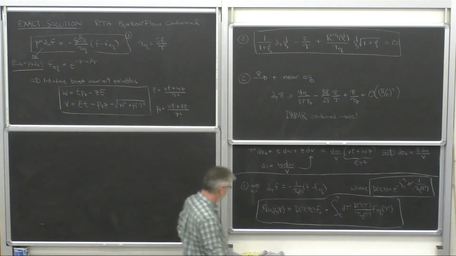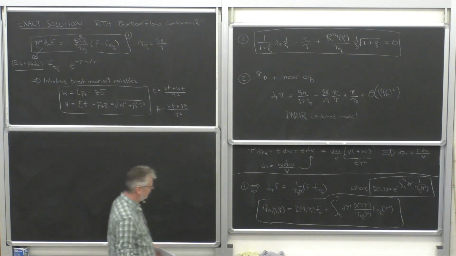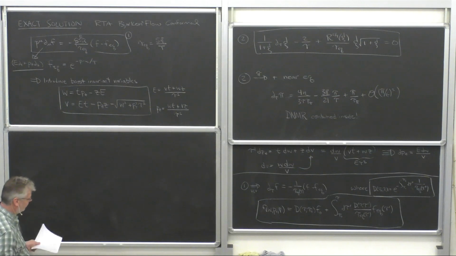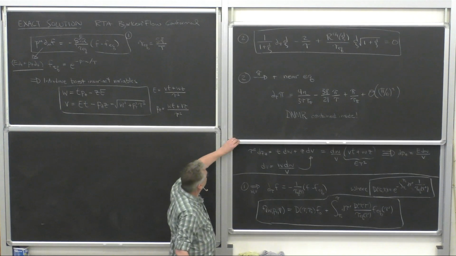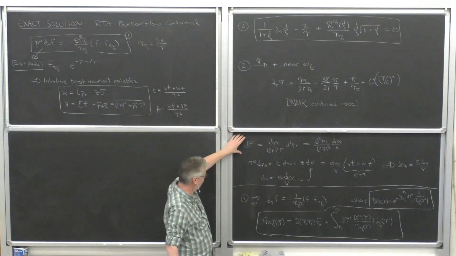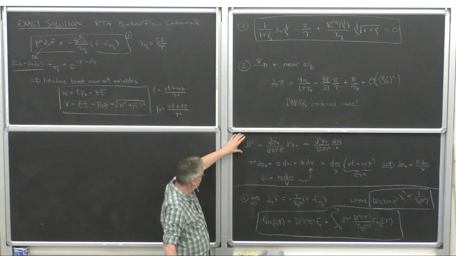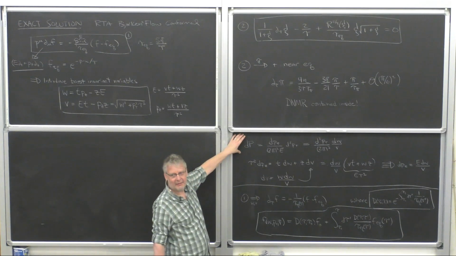I'll try to sketch the steps. I won't go through all the gory details. The basic idea is, remember up here, why did I rewrite this invariant phase space measure? Well, I use this when I want to calculate things like the energy density.